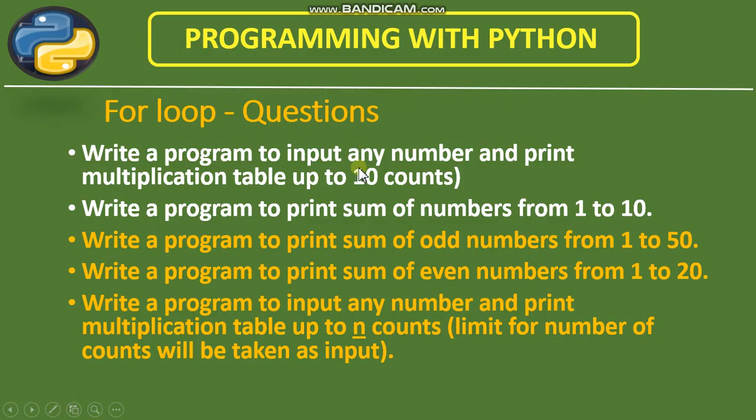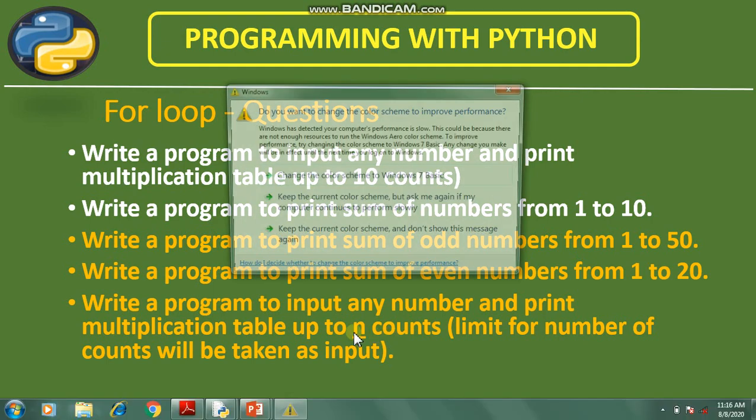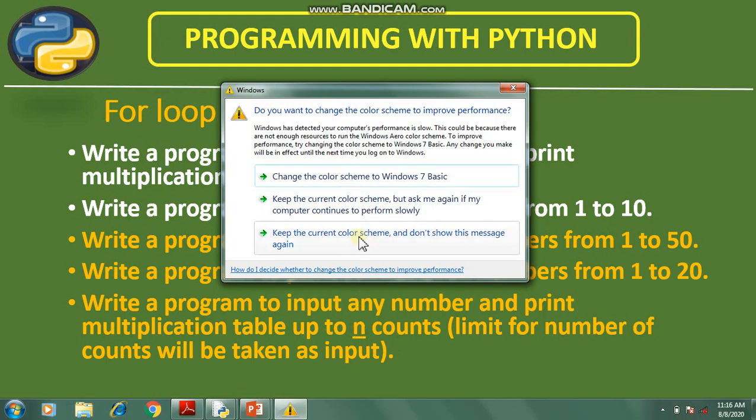The first one I am solving for you, and the only difference is that here you are printing the multiplication table up to 10 counts, and here you have to print the multiplication table up to n counts. Means any limit you can take as input, and the program will print the table up to that number. It can be up to 5, it can be up to 20, depending on the value of n entered by the user.